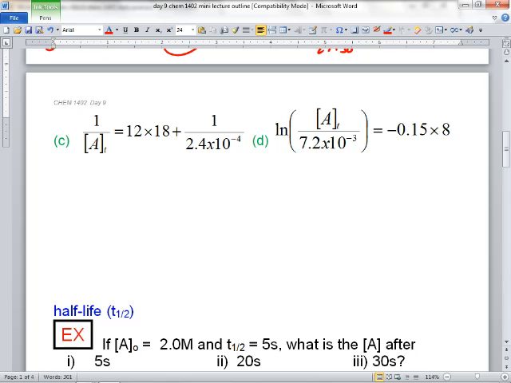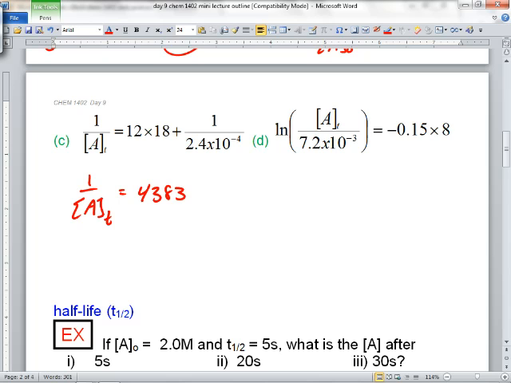So I start with the 2.4 times 10 to the negative 4. Push the 1 over x button. And then plus 12 times 18. You end up with 4383.